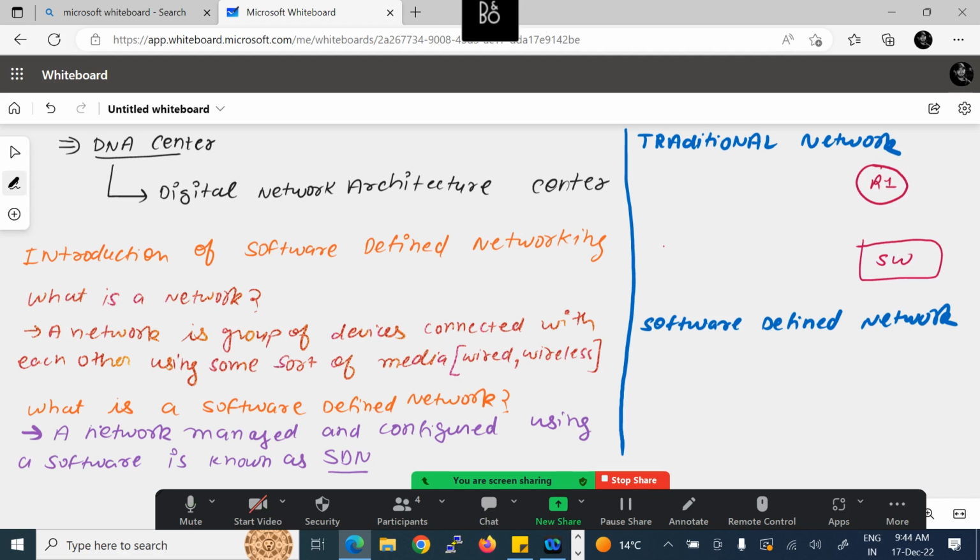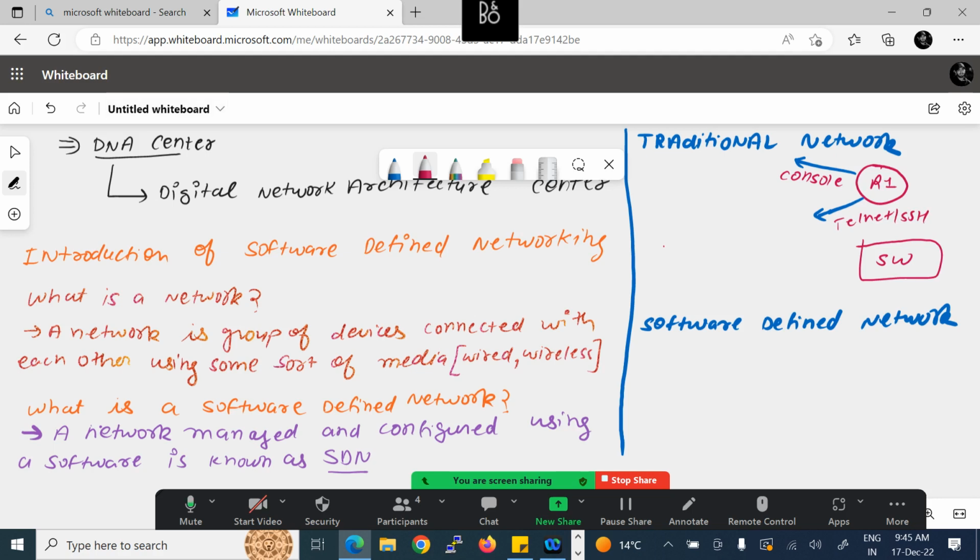So now how can we make the configuration? Basically, this router or this switch can be accessed through the console port, you know that, right? Or this router can be accessed through telnet or SSH. So in the traditional network, what is our approach?